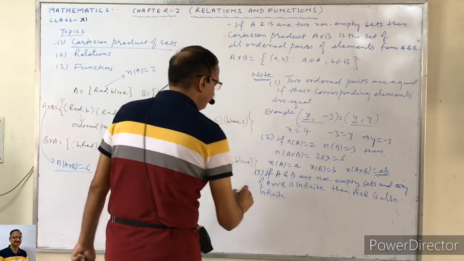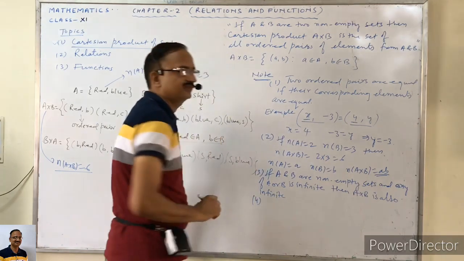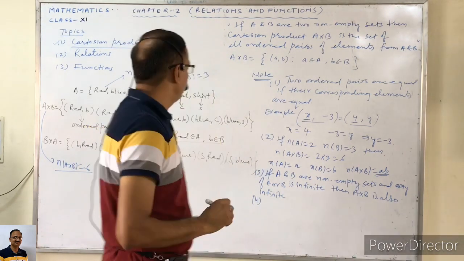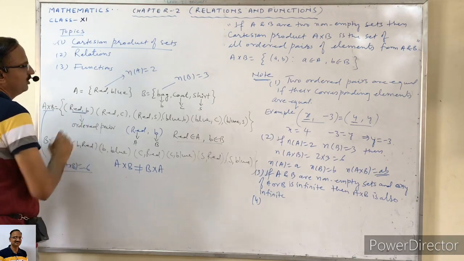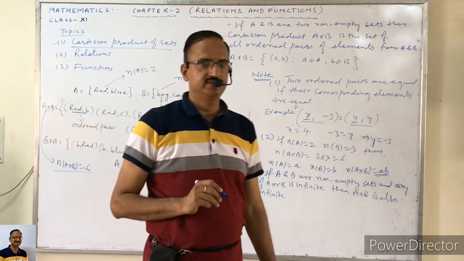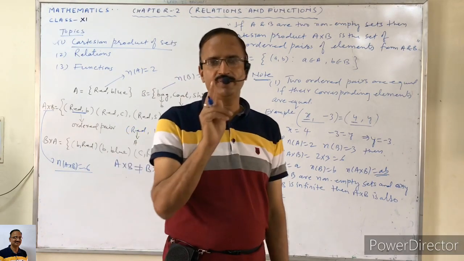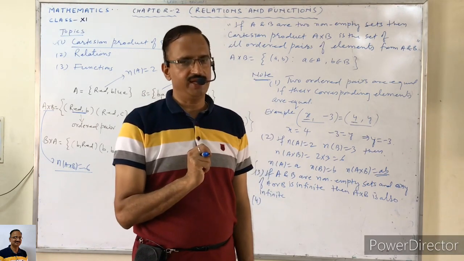Okay. Now fourth note. As we know, this is A cross B. This is called an ordered pair, meaning a combination of two elements is called a pair.